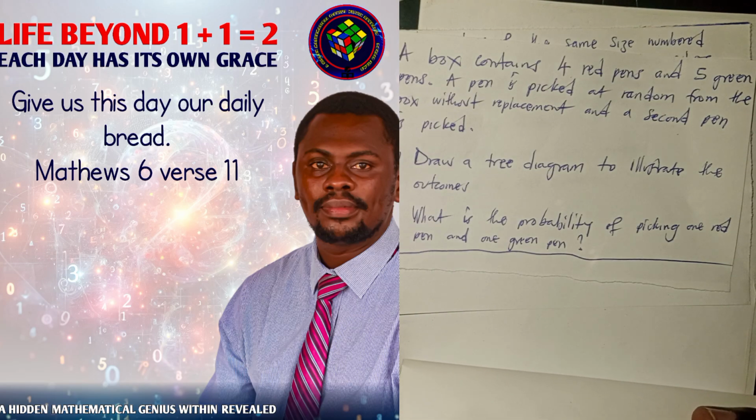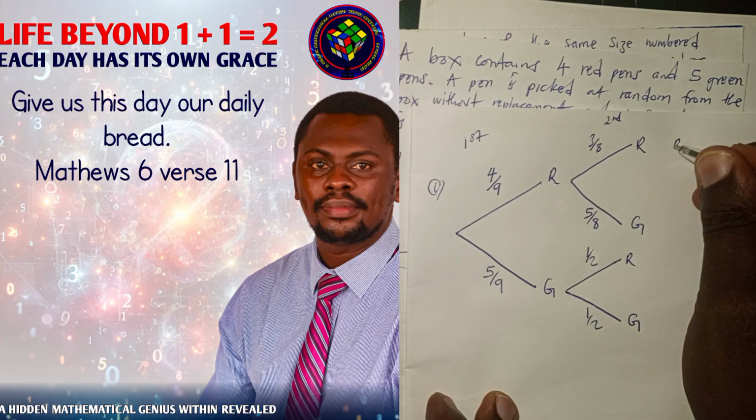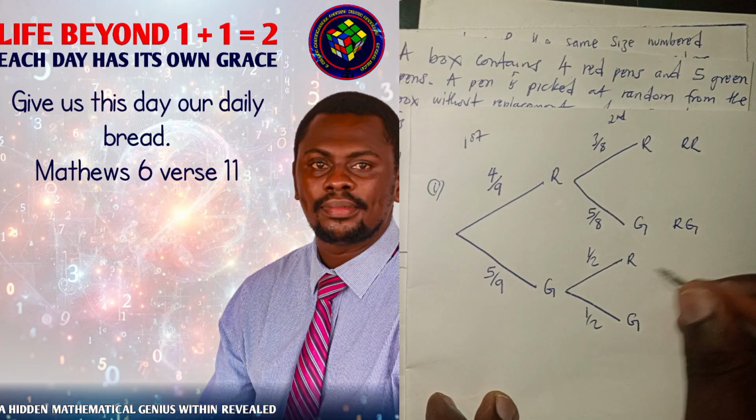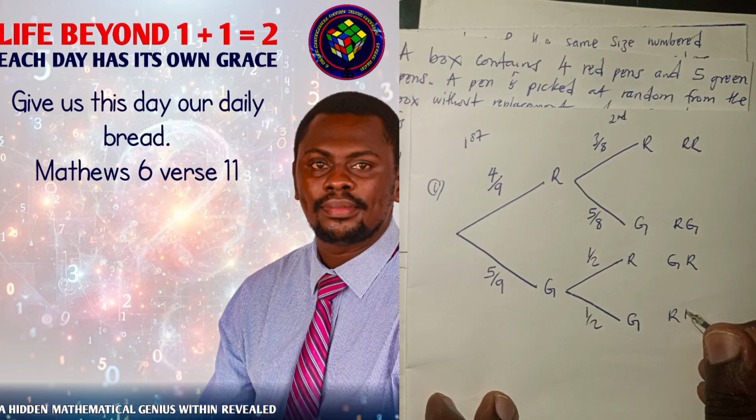Second question: what is the probability of picking 1 red pen and 1 green pen? Okay, 1 red pen and 1 green pen. The outcomes are red, red; red, green; green, red; and green, green.